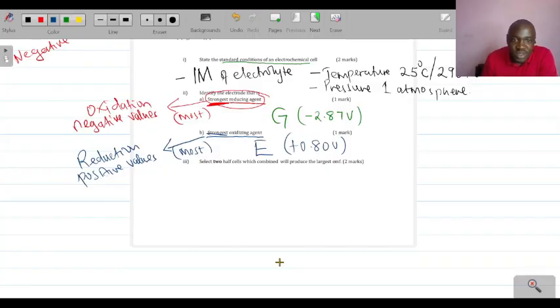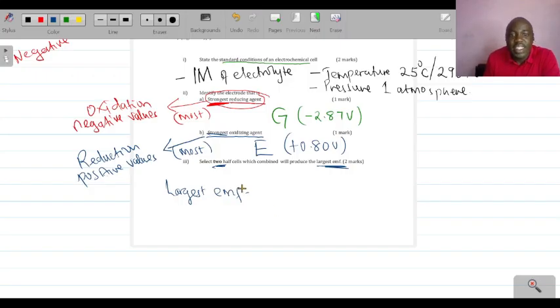Next question, you're supposed to state two half-cells that when combined will produce the largest EMF. So here there are two terms. We can have largest EMF.